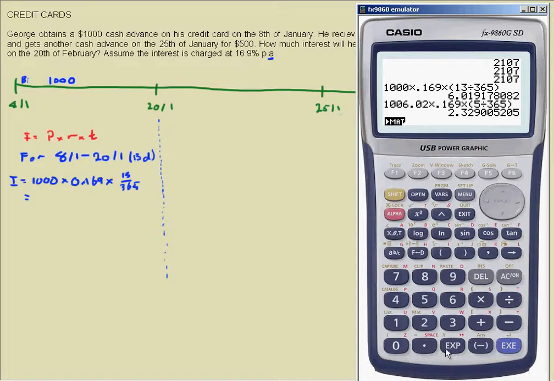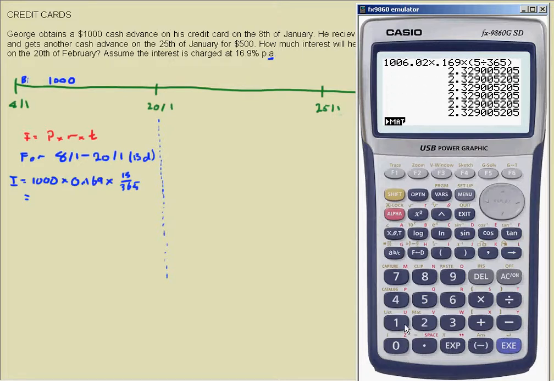So if we get our calculator and we're interested in working this out, that's 1,000 times 0.169 times 13 divided by 365, which gives us this.